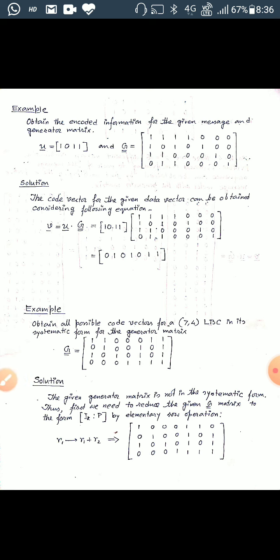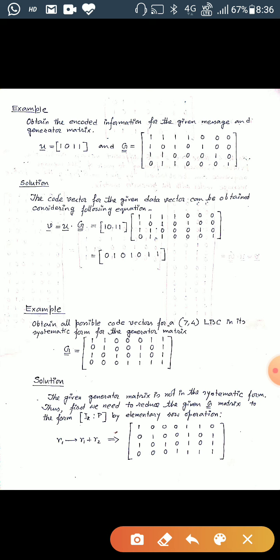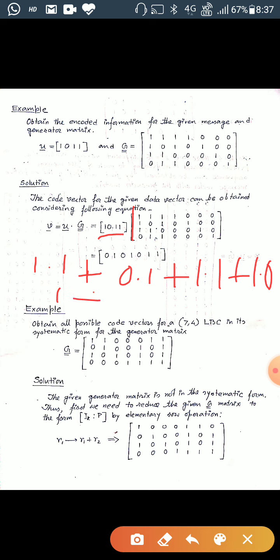If you consider the first case, the message 1011 with the first column 1110, it will be 1 dot 1 plus 0 dot 1 plus 1 dot 1 plus 1 dot 0. This is a mod operation. So 1 dot 1 means 1, 0 dot 1 means 0, 1 dot 1 means 1, and 1 dot 0 means 0.